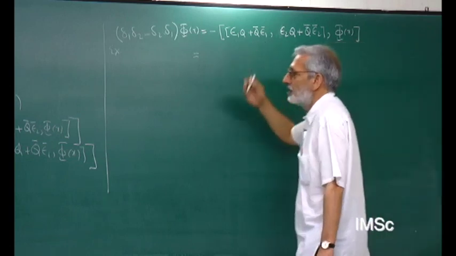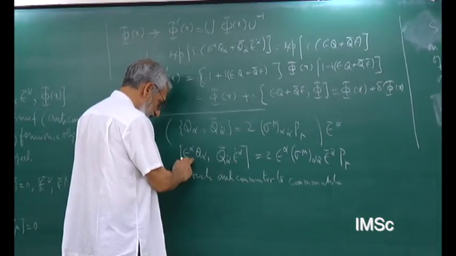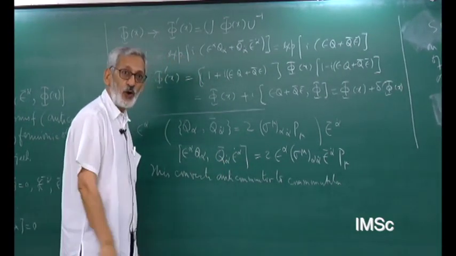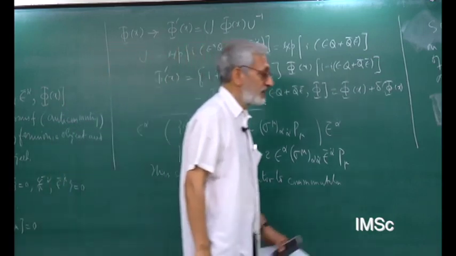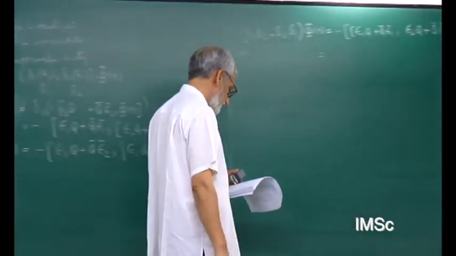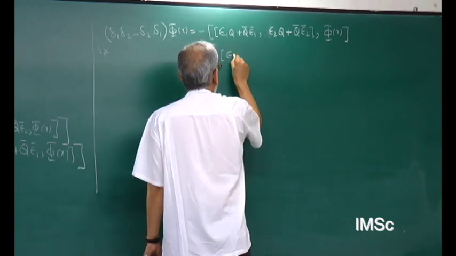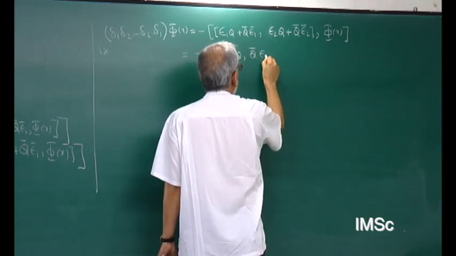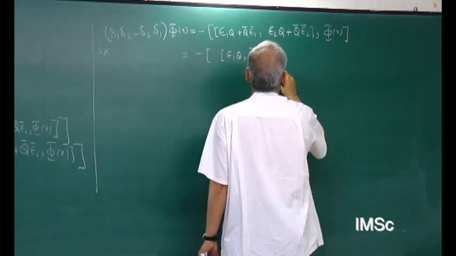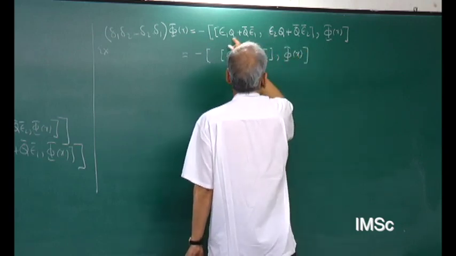Now this object, we know what it is from the algebra here, except that we put the same epsilon here, but there is 1 and 2 or 2 and 1. So therefore, this is epsilon 1 Q, this with this, Q bar epsilon 2, with phi of x. That is one term.